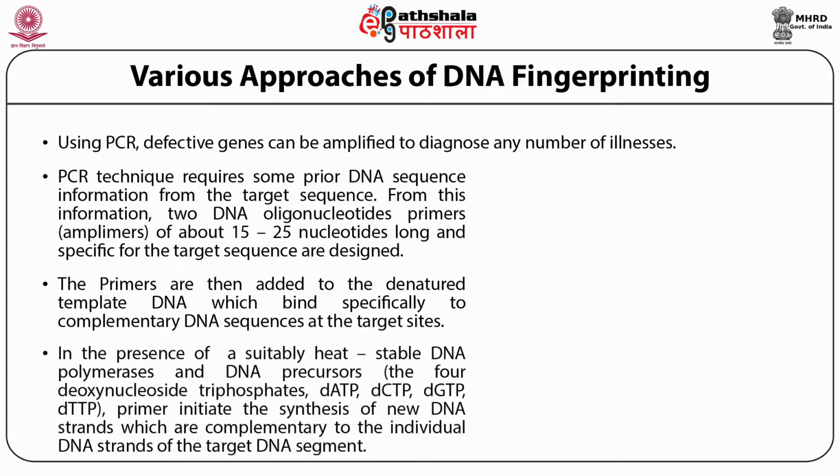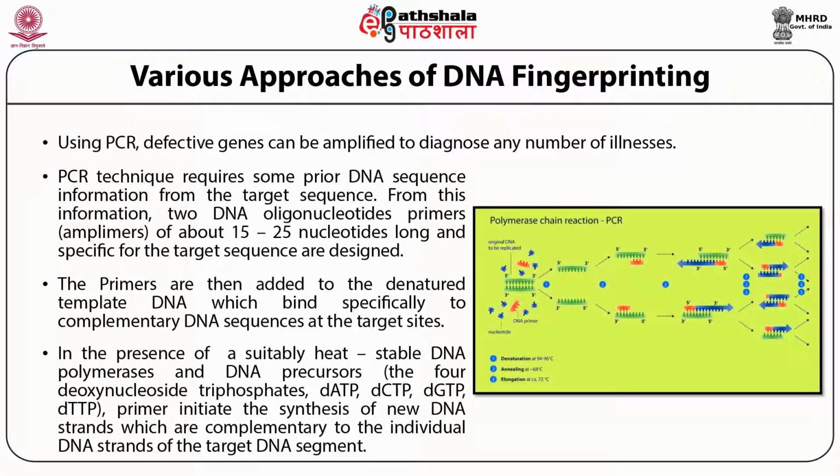In the presence of a suitable heat-stable DNA polymerase and DNA precursors, the primer initiates the synthesis of new DNA strands which are complementary to the individual DNA strand of the target DNA segment. The diagram is showing you DNA fingerprinting with polymerase chain reaction.